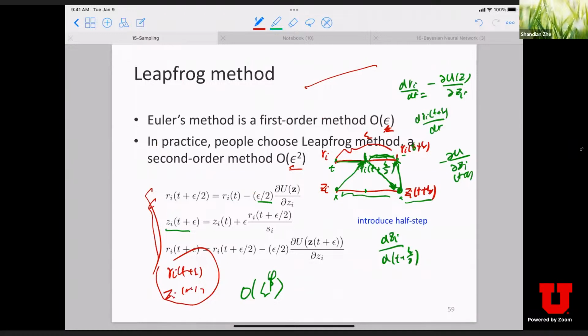That means no matter how many steps you run your leapfrog, the determinant of the Jacobian of the new state with respect to the initial state is still 1. So that's a very nice property as well.